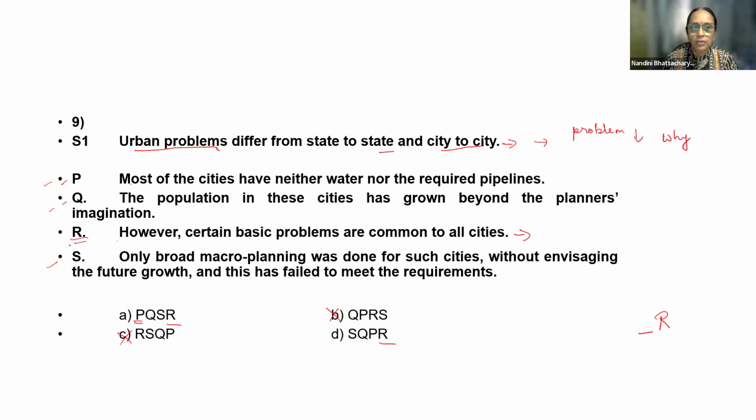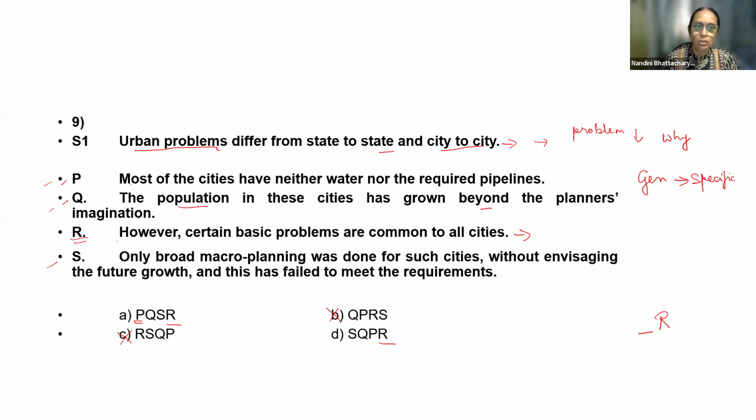Between P and Q, which is more general? Remember, we go from general to specific. Q. Q is more general, right? Population in these cities has grown beyond the planner's imagination.